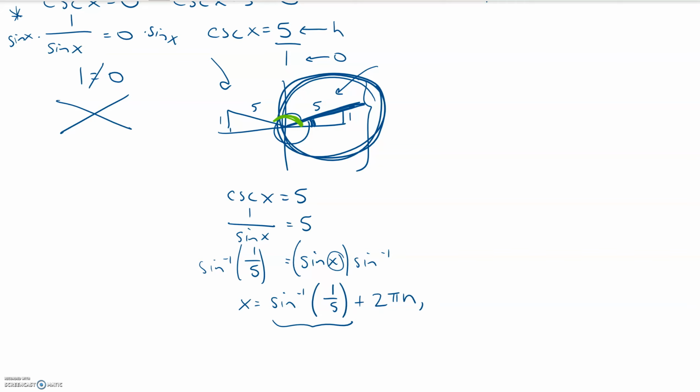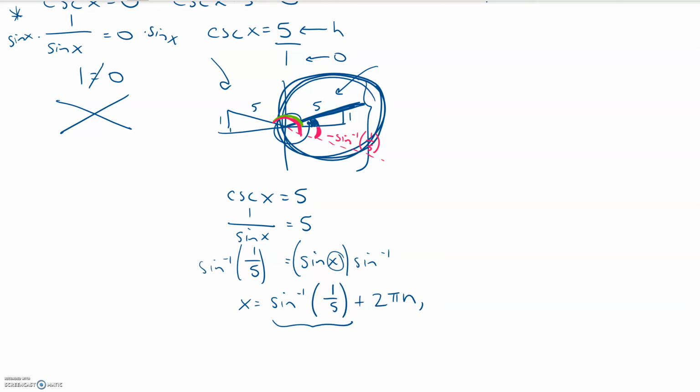But if I know that sine inverse of 1/5 is this positive guy here, then if I took the negative of it, this little pink guy would be negative sine inverse of 1/5. And now the pink angle is not an answer, but if I add 180 to it, that gives me the answer that I was looking for.